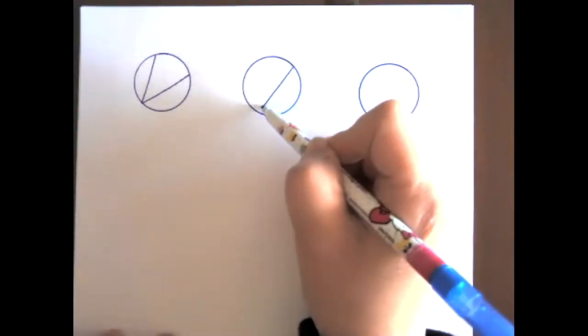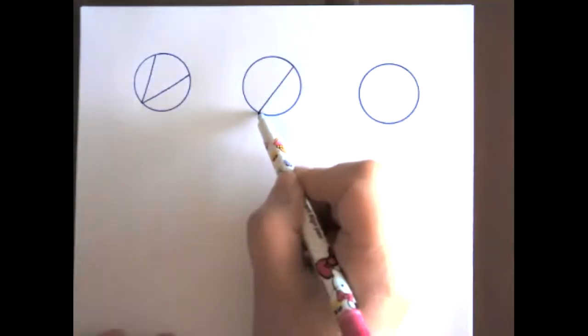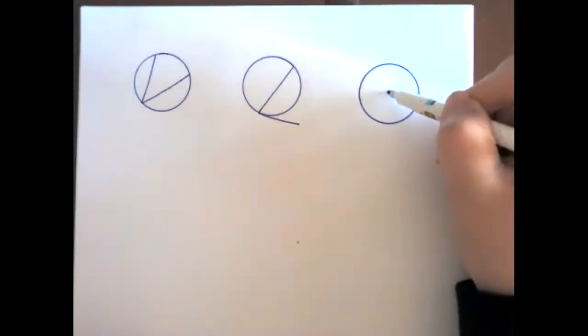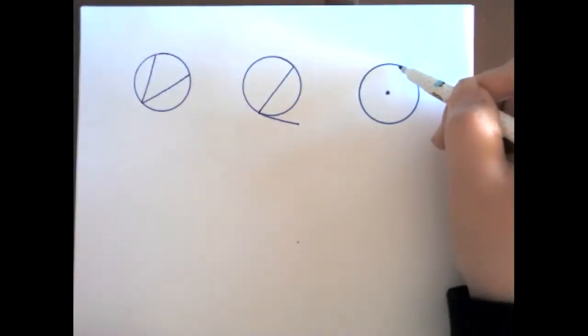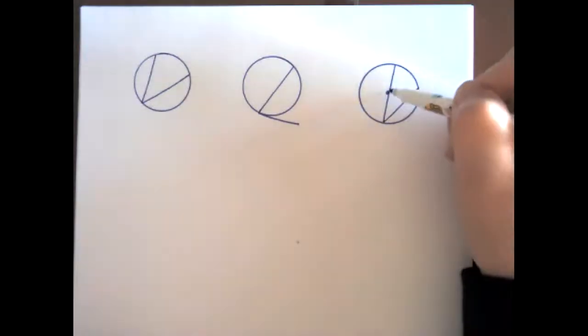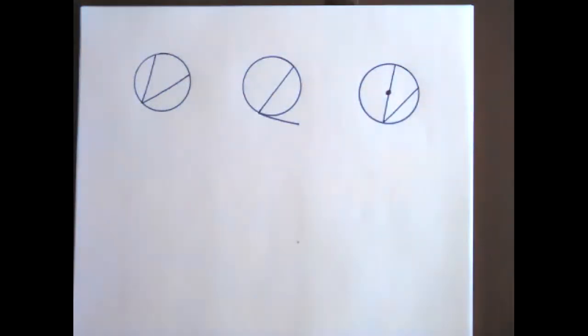Another example would be a chord and a tangent like that. Another one would be a diameter, which technically is a chord, so this would be two chords also, going through the center.